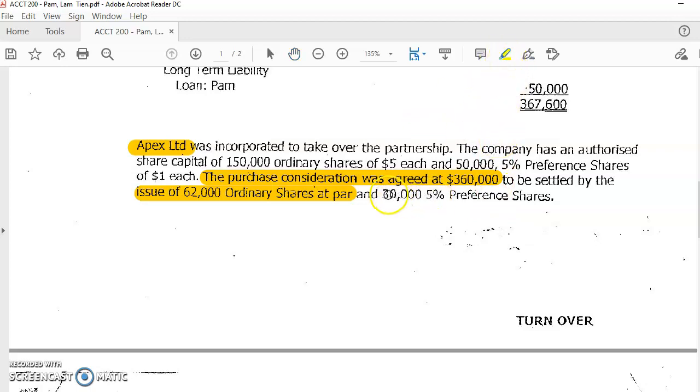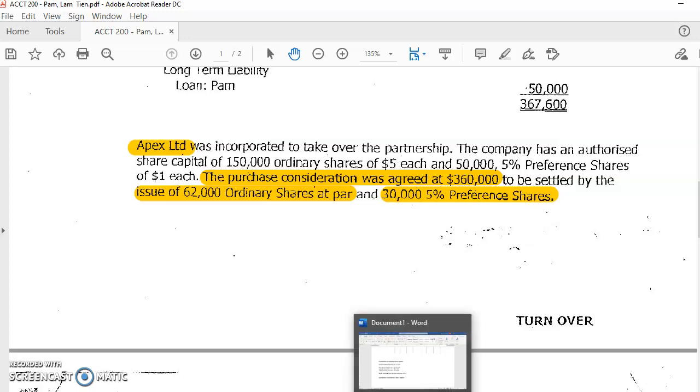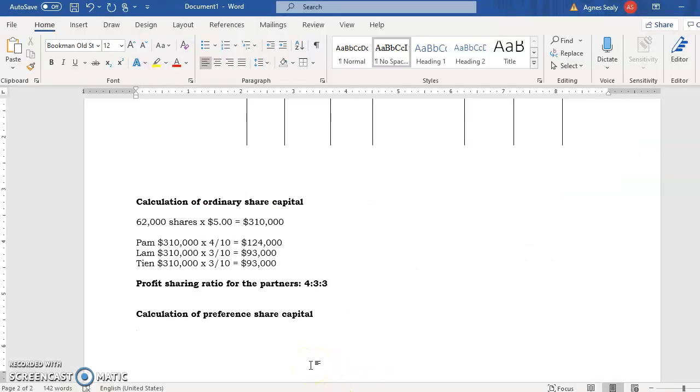They didn't tell us how these were issued, but we know for sure that the par is $1. So let's calculate the preference share capital first. 30,000 shares at par, which is $1, equals $30,000.